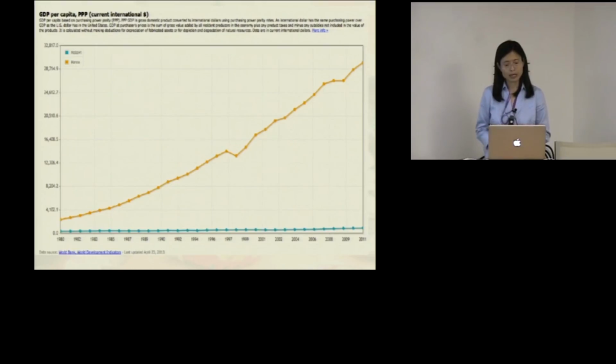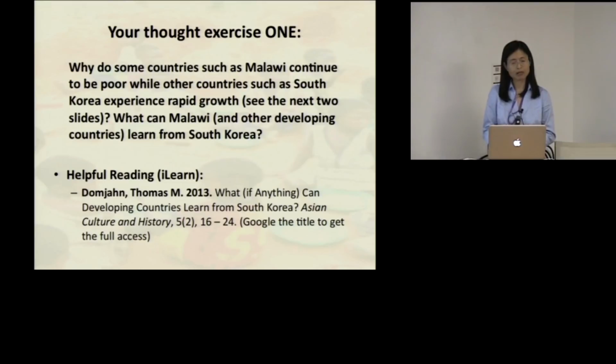Apparently, in the past 50 years, Malawi has been stagnant in its economy, while South Korea has taken off, become almost a developed country now. What happened to these two countries? Why can't Malawi develop like South Korea? And what can Malawi learn from South Korea? That is a question I pose to you.